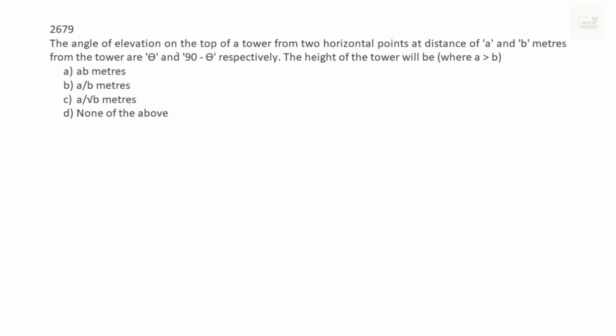The angle of elevation of the top of a tower from two horizontal points at distances of A and B meters from the tower are theta and 90 minus theta. The height of the tower will be, where A is greater than B. So this is the tower X, and suppose these are the 2 points.